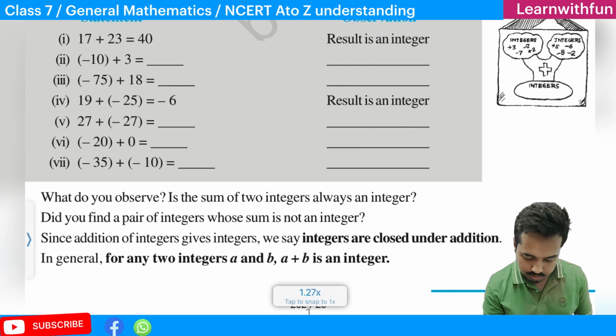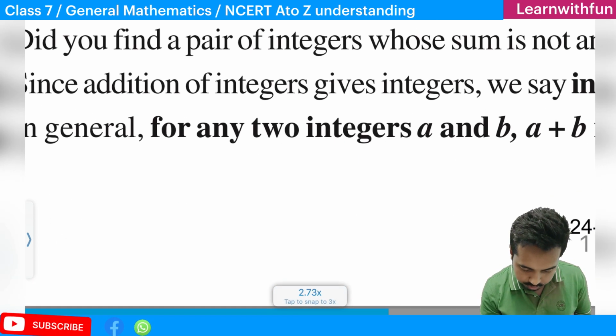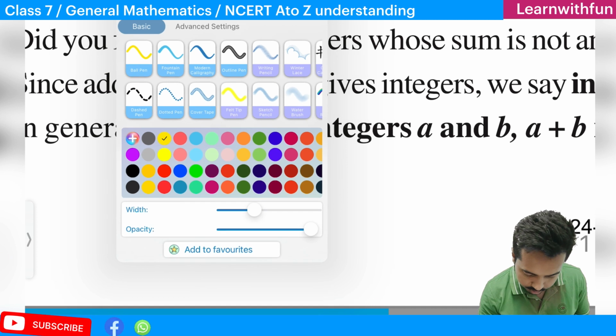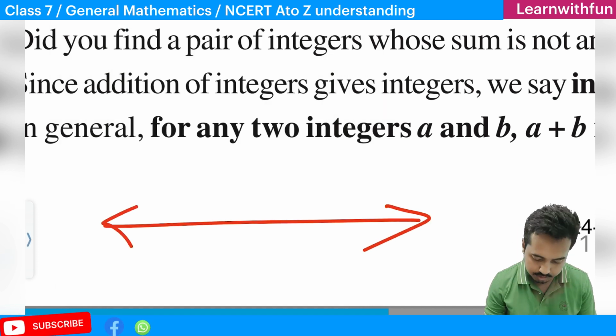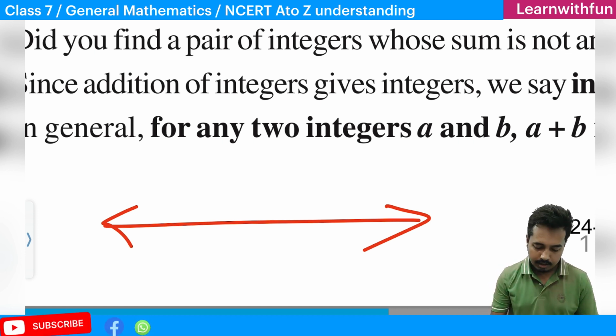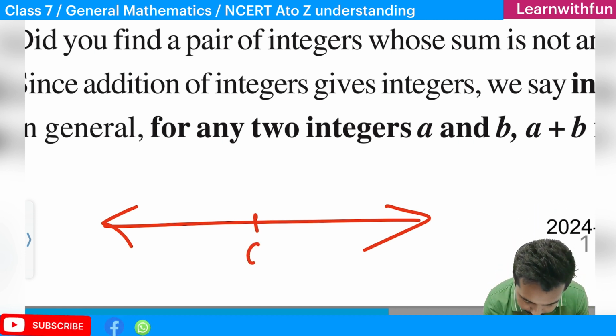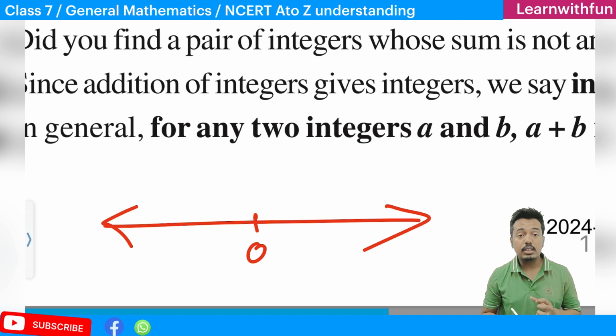So before knowing integers, we will have to concentrate on a topic. We'll have to draw a line which is known as the number line, and in the middle of the number line we can represent 0 here. So 0 is a number which is neither positive nor negative.